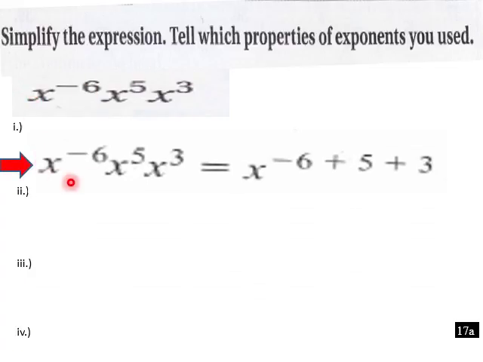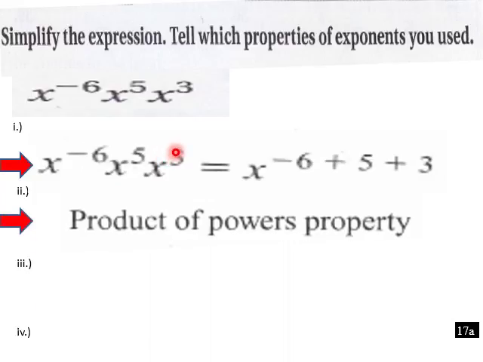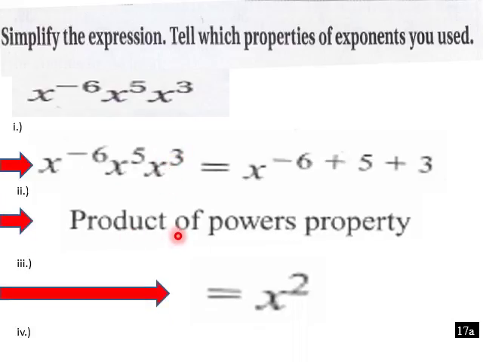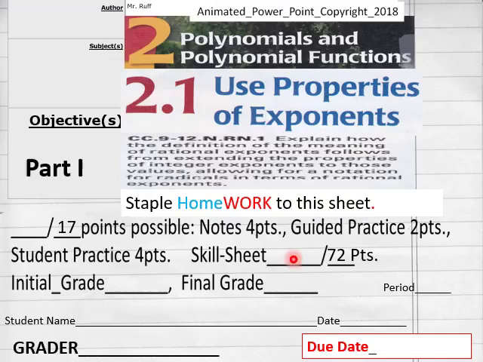So here's our original expression. We're going to use product of powers here. We're going to add these exponents. So we come up with x squared. 5 and 3 is 8, minus 6, so this is x squared.